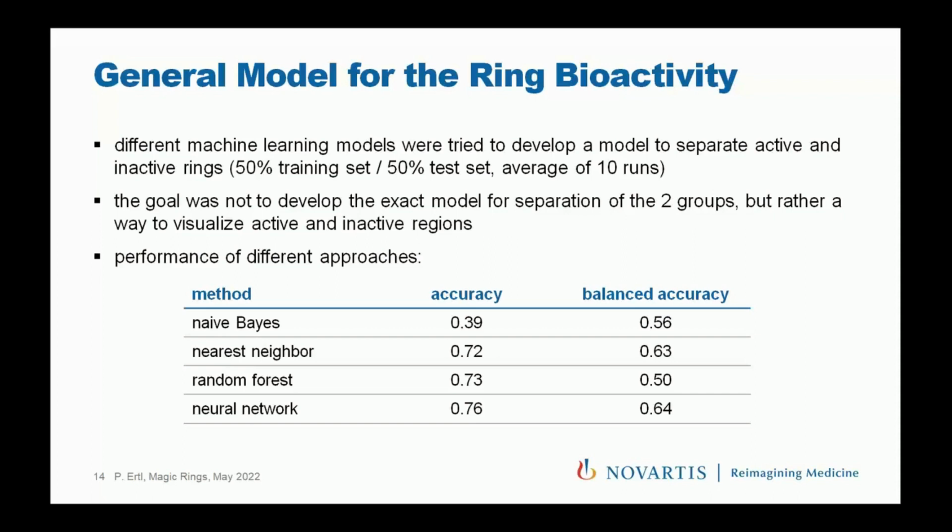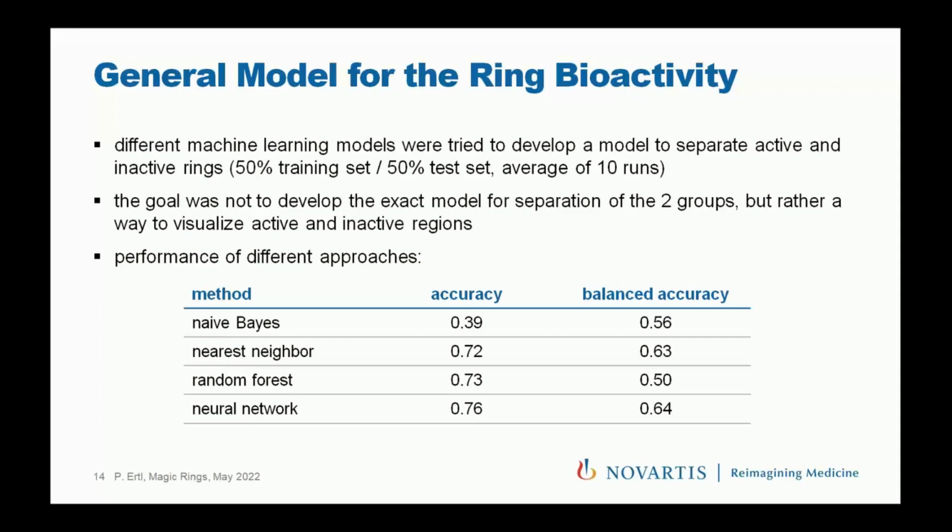This comparison of the quality of the results can already tell us something about the factors influencing biological activity. If the distinction between active and inactive rings were caused by just a few simple independent parameters, the results of naive Bayes would be much better, because this is a typical case for naive Bayes, when the results are caused by few independent parameters.